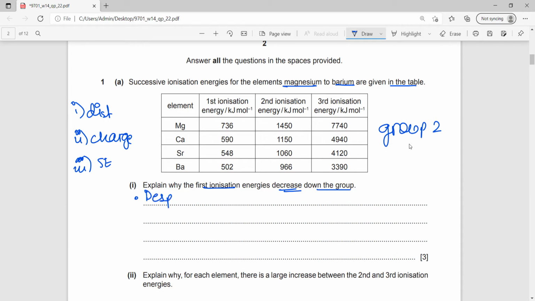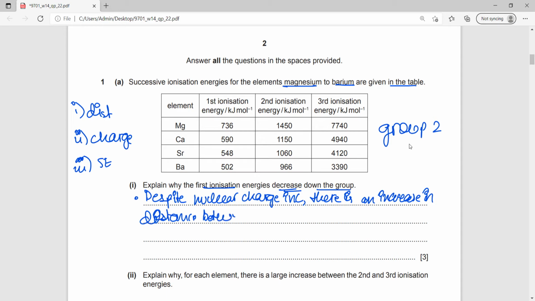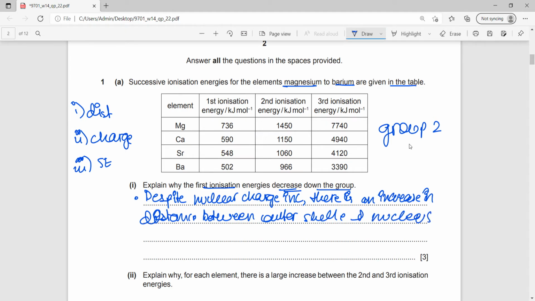Despite nuclear charge increasing, there is an increase in distance between the outer electrons and the nucleus, and also an increase in the number of shells, therefore increased shielding effect.